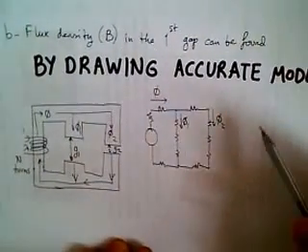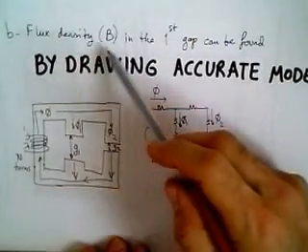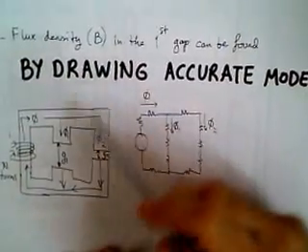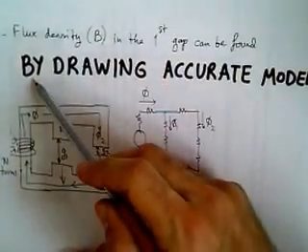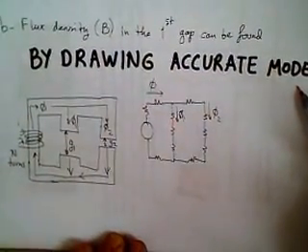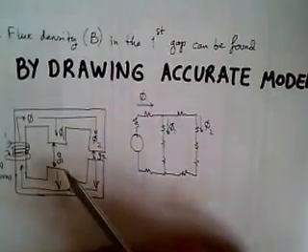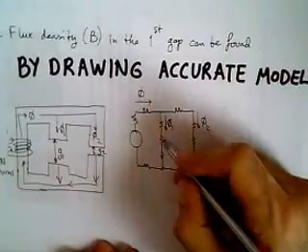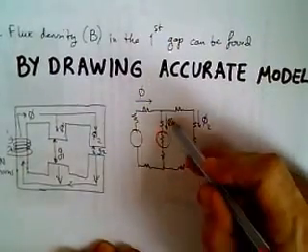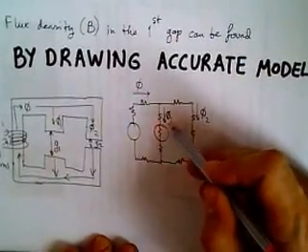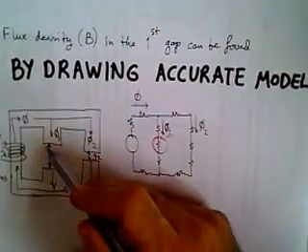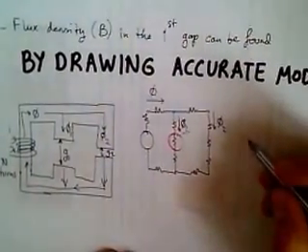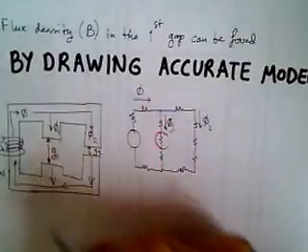Then on the same problem at part B, the flux density or B field in the first air gap can be found by drawing an accurate model. The B field in that branch is calculated by finding the flux through it and dividing it by the cross section of the first gap.